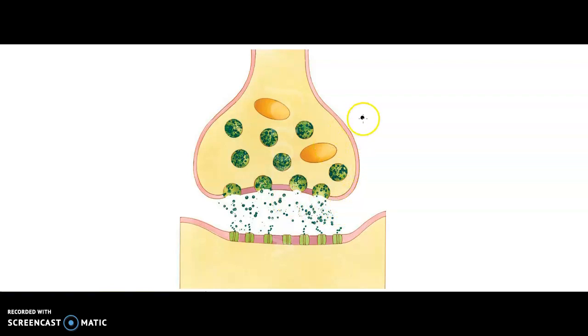Alright, so let's go over the steps on how this happens. First, in the mitochondria, we're going to synthesize neurotransmitters like acetylcholine. Then the action potential causes calcium to enter. So it's like calcium's over here.